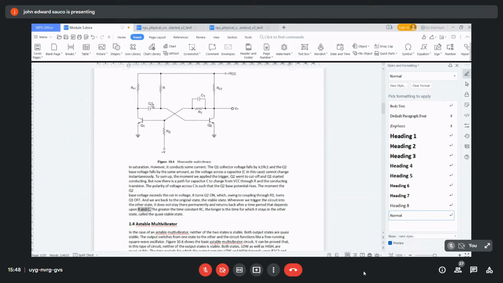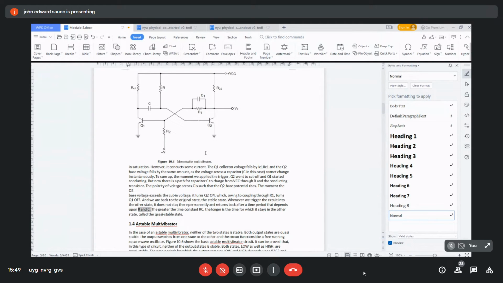So, ito yan, RC. The greater the time constant of RC, the longer is the time for which it stays in the other state, called the quasi-stable state. So, nakadepende sa design nyo naman dito.